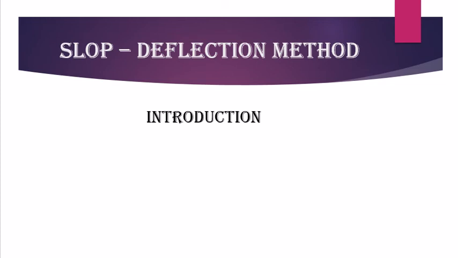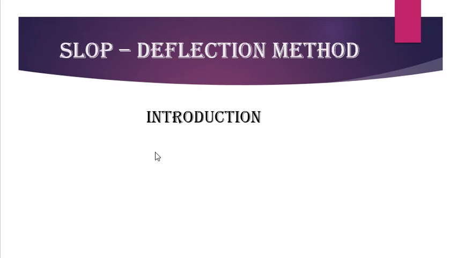Similarly, in case of settlement, which is denoted by delta, it is positive if the right side support is below the left side support, and delta is negative if the left side support is below the right side support. So these are the sign conventions we have to follow.